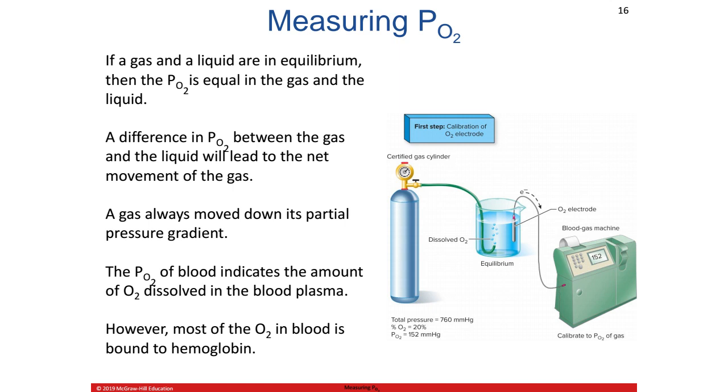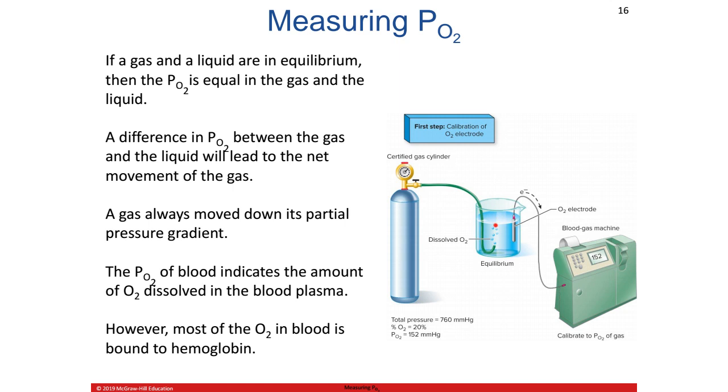Okay, so a difference in PO2 between the gas and liquid will lead to a net movement of gas. So let's imagine we do something like we put this beaker now in a box, and we just pump, say, nitrogen gas into the box surrounding this beaker.